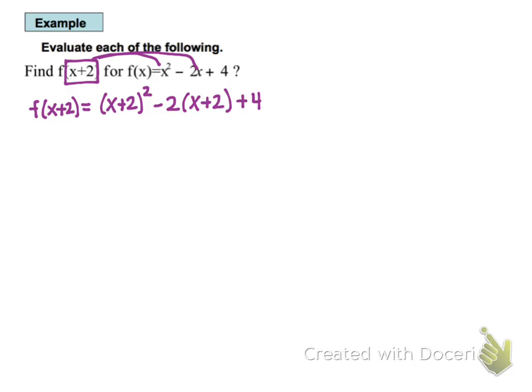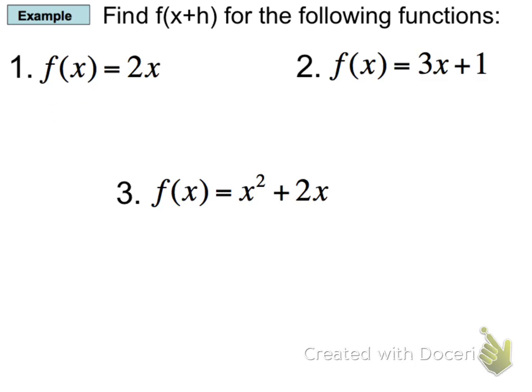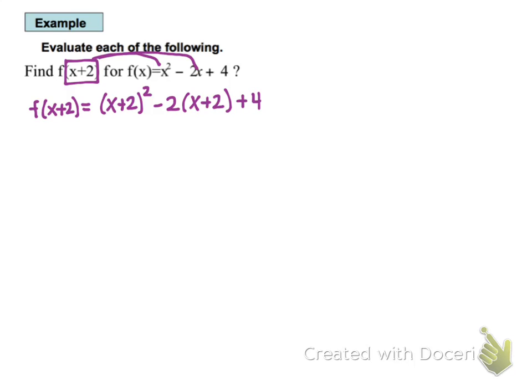Now, as a side note, we want to take a look at x plus 2 squared for a second on the side here and do just a quick reminder. Now remember, this does not equal x squared plus 4. You can't just square each term.